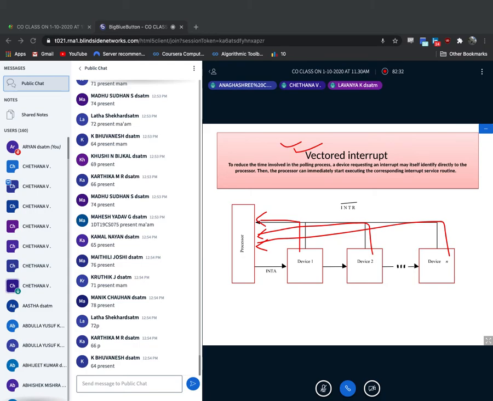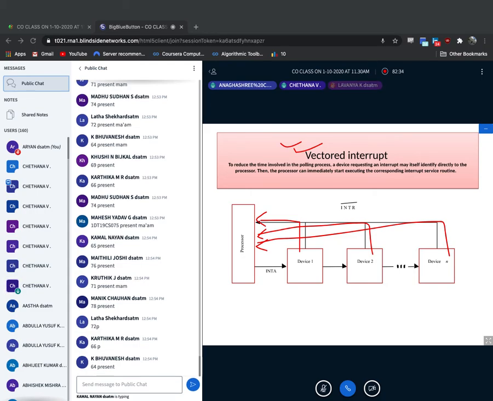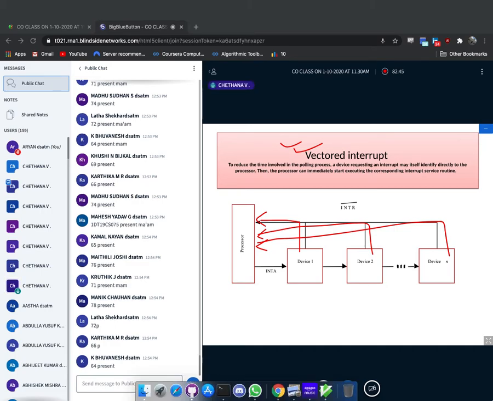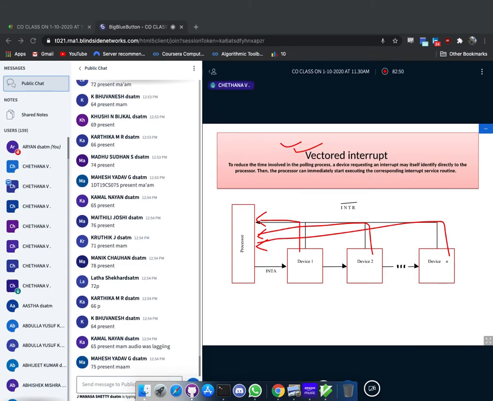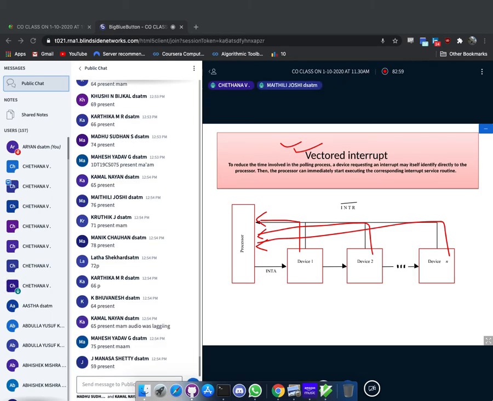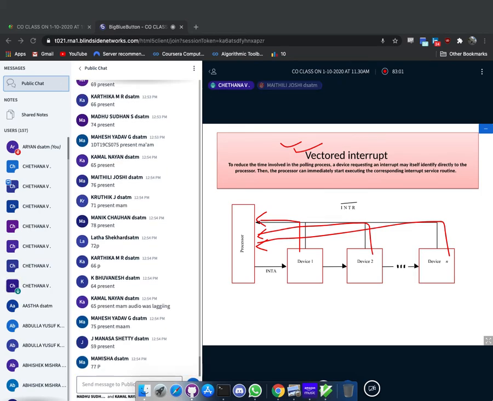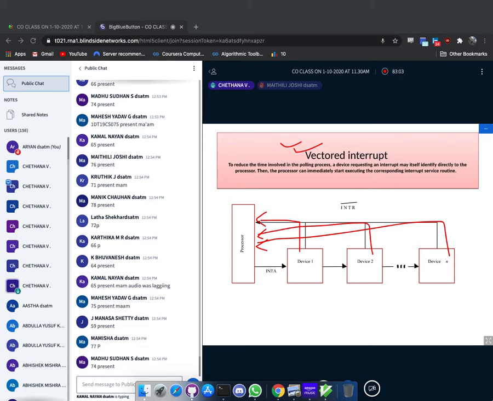Madhusudan. Mahesh Yadav. Maithili Joshi. Present, ma'am. Manik Chauhan.